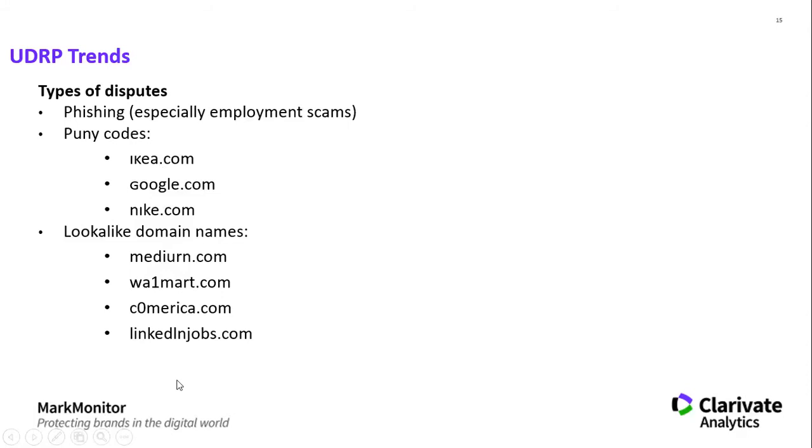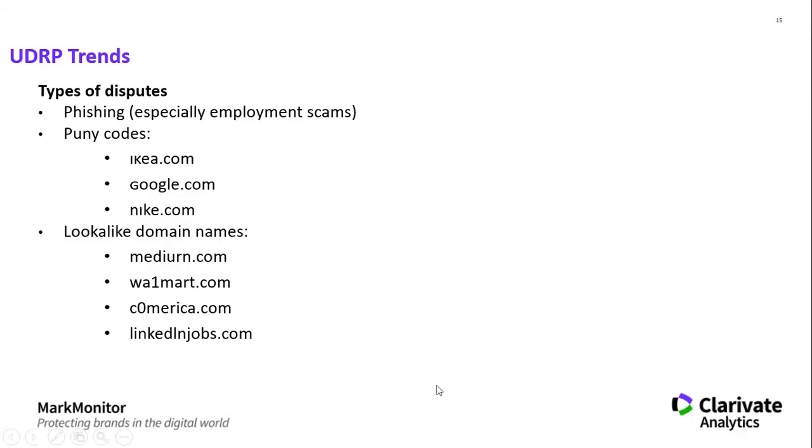And in the case of the one that looks like but is not Nike.com, the cybersquatter used that domain name in connection with a pay-per-click site that preyed on the confusion of Internet users. So fortunately, in all of those cases, they resulted in UDRP decisions to transfer the domain names to the trademark owners themselves.